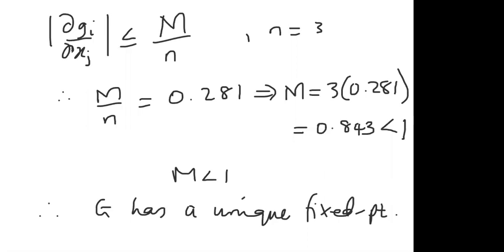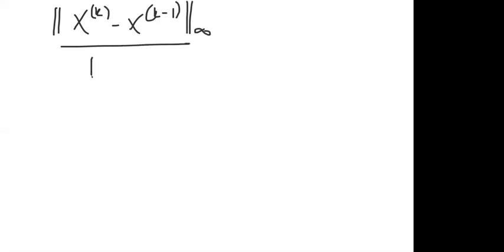Okay, so now we can iterate. According to the question, it says you have to iterate until the L infinity norm of xk minus xk minus 1, divided by the L infinity norm of xk, is less than 10 to power negative 5.